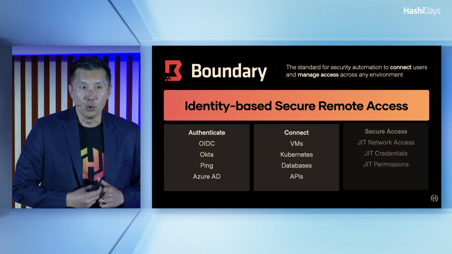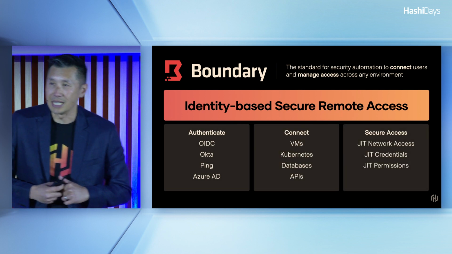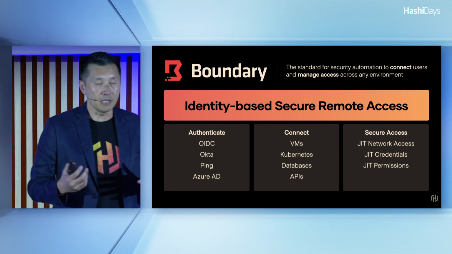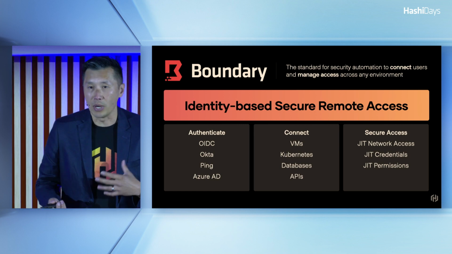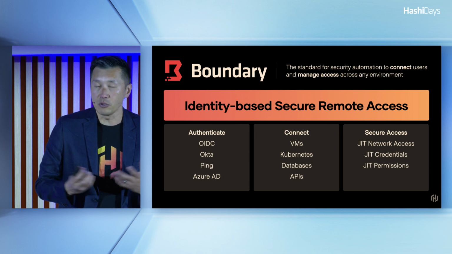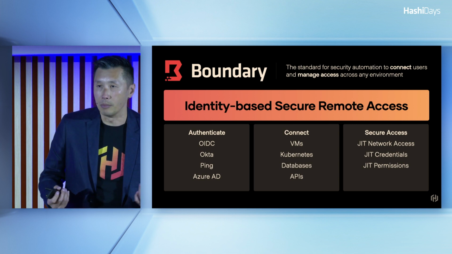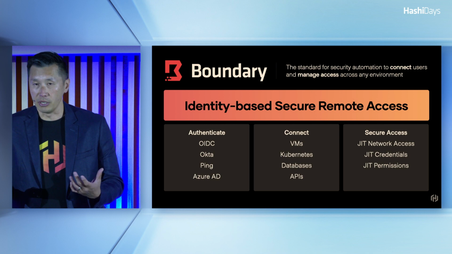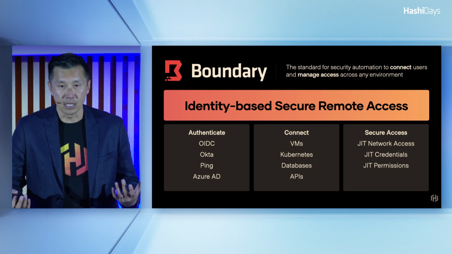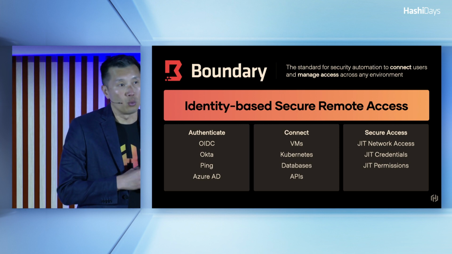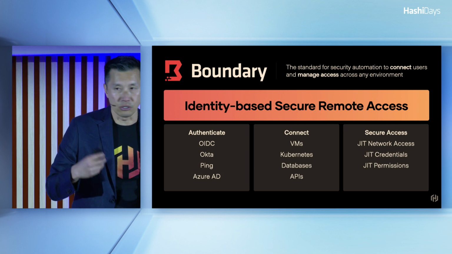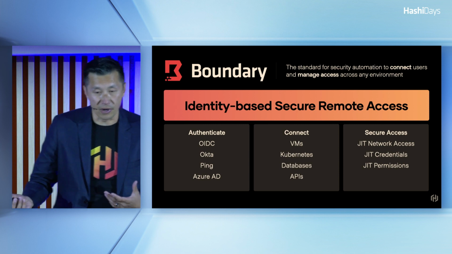All right, so what is Boundary exactly? Well, you can describe it in different ways, but I'd like to say that it's a platform that standardizes ways users can access their infrastructure. So very similar to how Terraform standardizes the way you can provision infrastructure in any type of environment. Boundary provides that standardized way to access infrastructure regardless of whether it's on AWS or GCP or Azure or your on-prem environment, right?